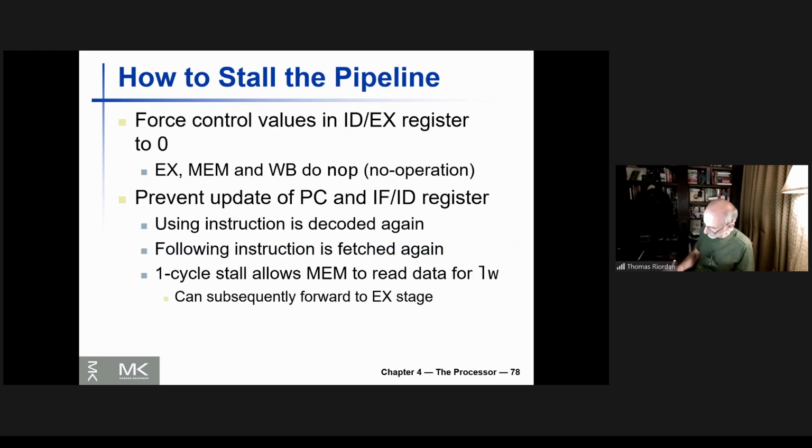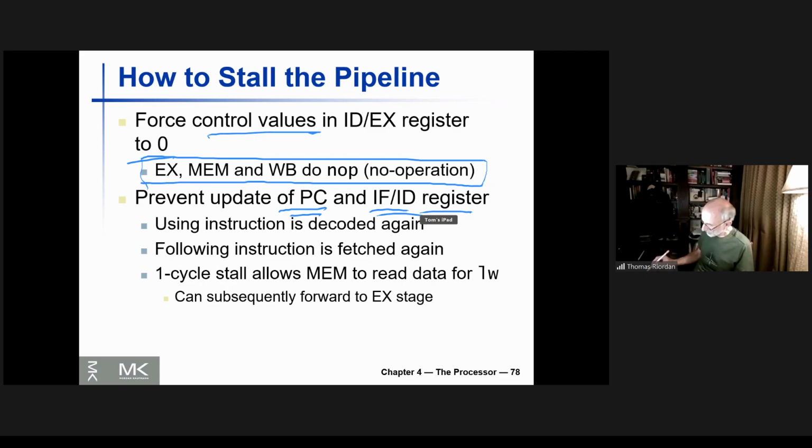You've got to force the control values to 0. That's switch that mux to put a 0 through. And that will cause those 3 stages of the pipeline to become a no-op, as we showed with the X's. And then prevent the update of the program counter and the IFID register. And again, what that causes to happen is that the AND instruction, that instruction right past the load, will get decoded again.